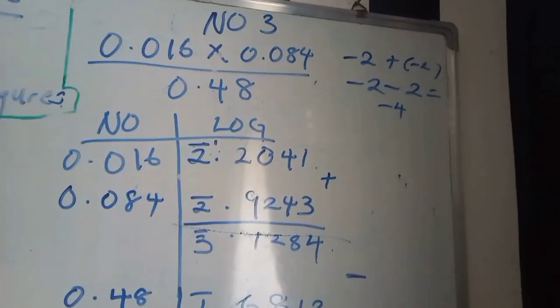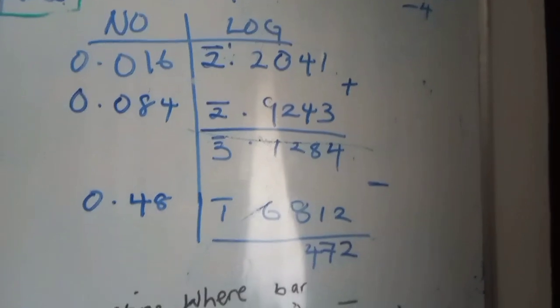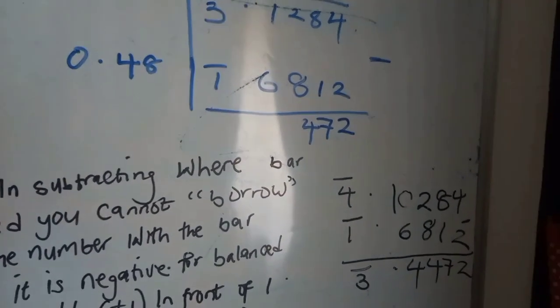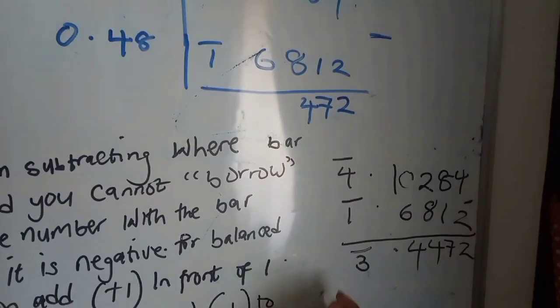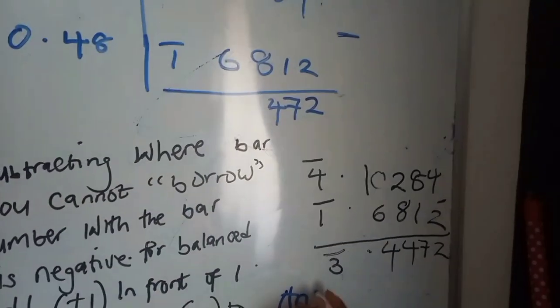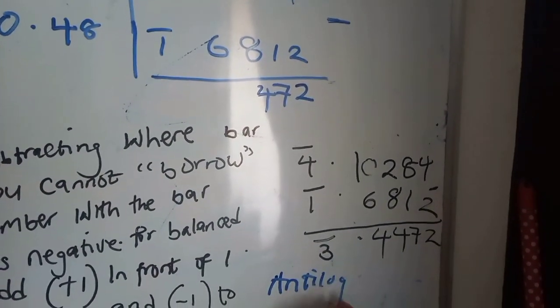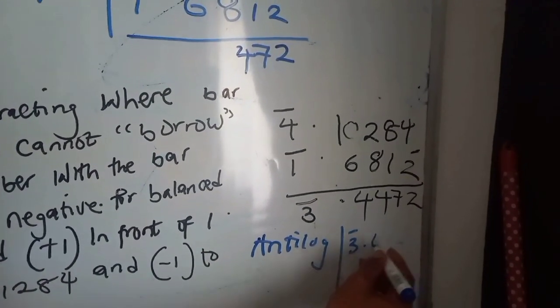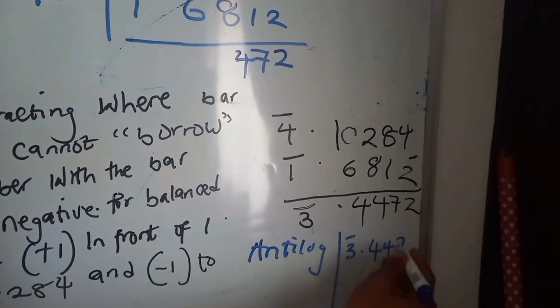So I will find the antilog. The antilog is what I'm looking for now. The antilog of this number, bar 3 decimal 4472.